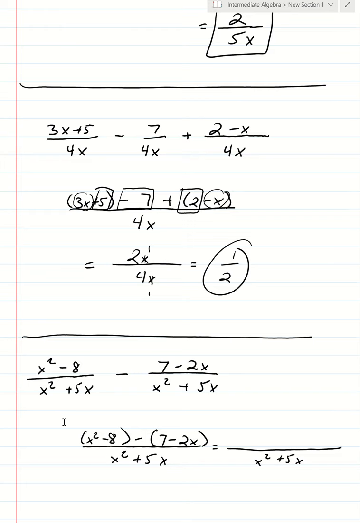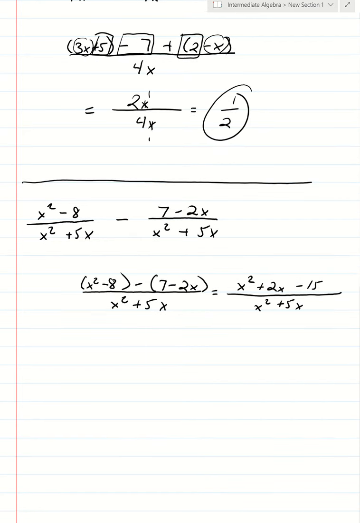Well, I have the x squared. That's going to stay. And then I notice here that I am subtracting a negative 2x. Well, subtracting a negative 2x is the same thing as adding a 2x. And then lastly, we have negative 8 minus 7. That, of course, would give you a negative 15.